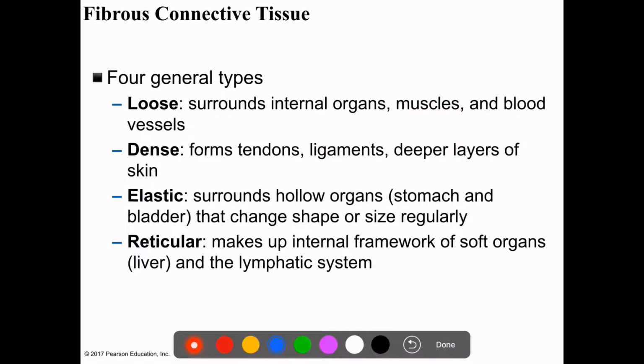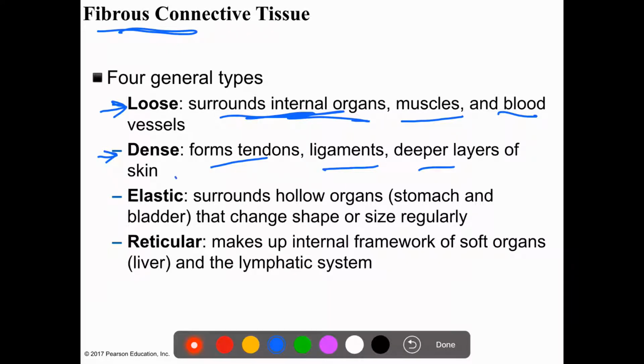Before moving to the other type, for these fibrous connective tissues we have four general types. We have loose connective tissue, and these usually surround internal organs, muscles, and blood vessels. And then we have dense connective tissues. These usually form tendons, ligaments, and deeper layers of skin.